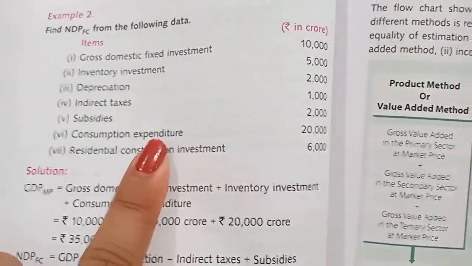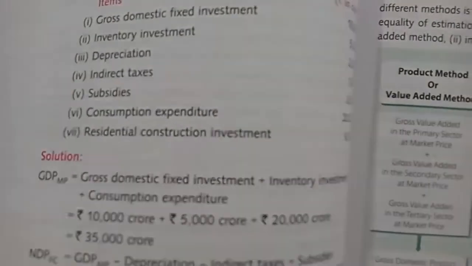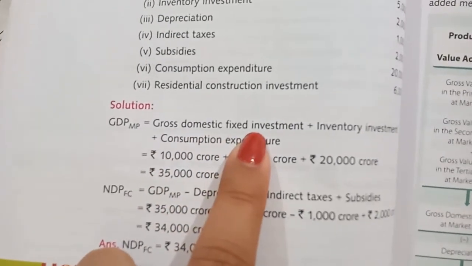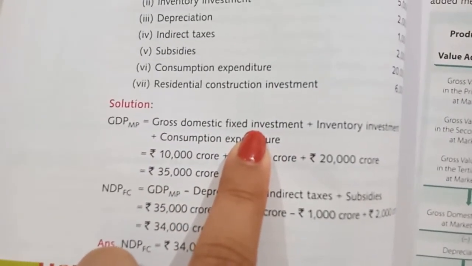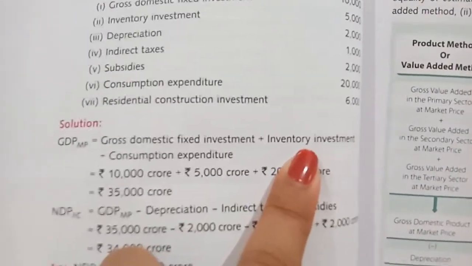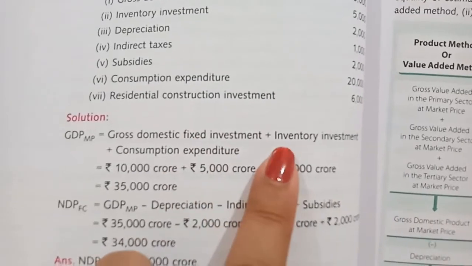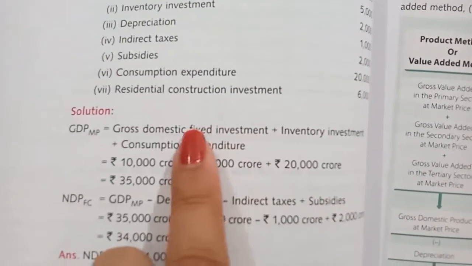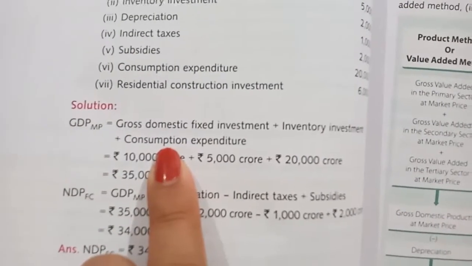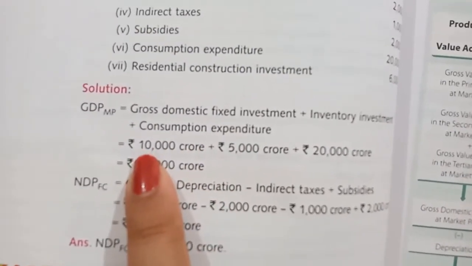That means it has combined the two and given in totality the consumption expenditure. Gross domestic fixed investment and inventory investment come under gross domestic capital formation. So instead of giving gross domestic capital formation, they have given these two terms separately and the consumption expenditure.